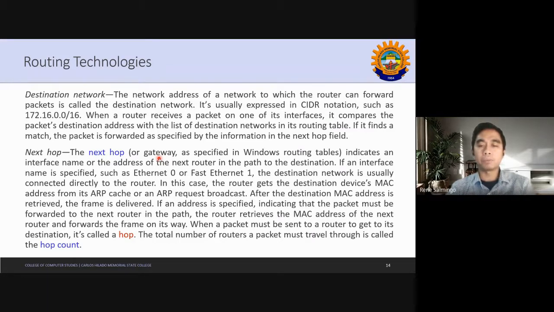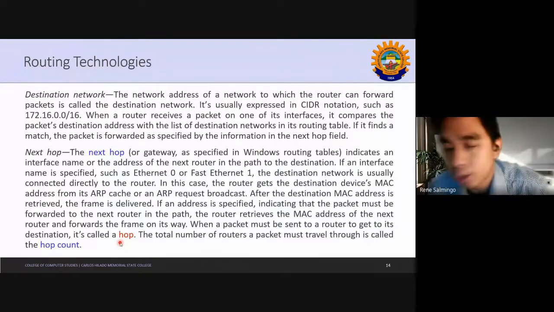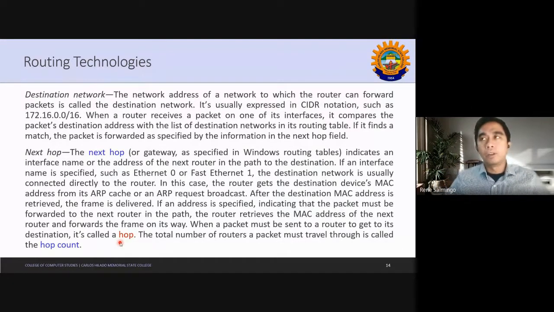When a packet must be sent to a router to get to its destination, it's called a hop. As you see in your example, we put a serial hop in the Packet Tracer file I gave you. When you see a serial hop, you see a red connection, but it is usually connected from a different location. And the total number of routers a packet must travel through is called a hop count.